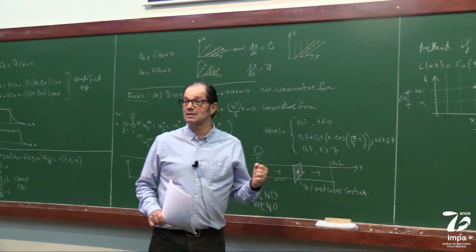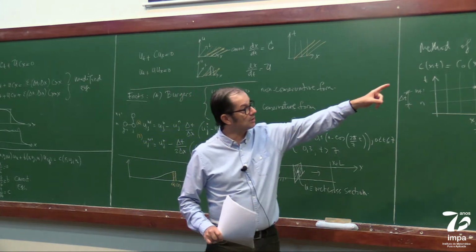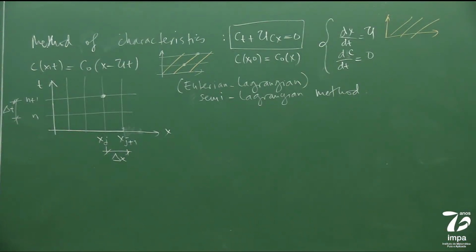So the Lagrangian one is more like the characteristic method. You're going to follow things.